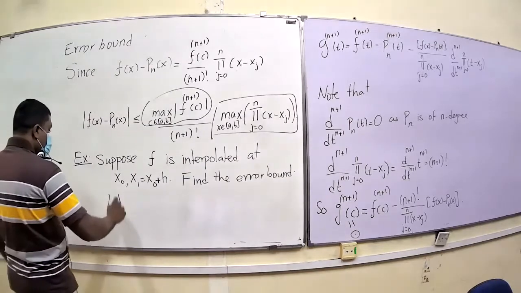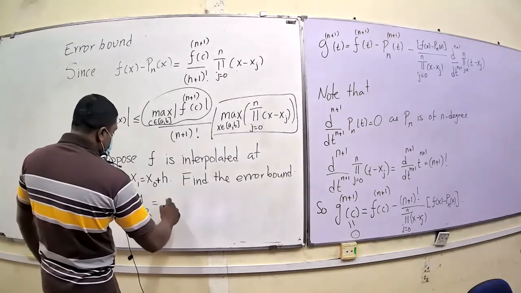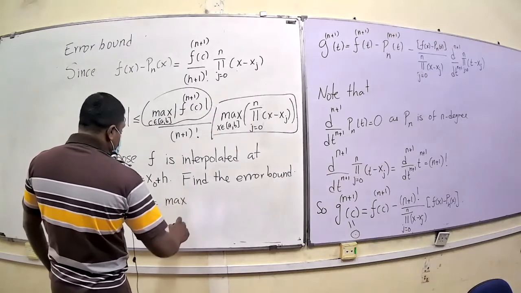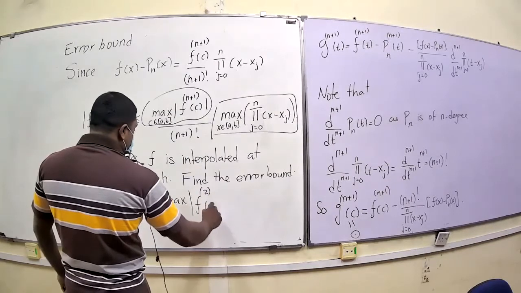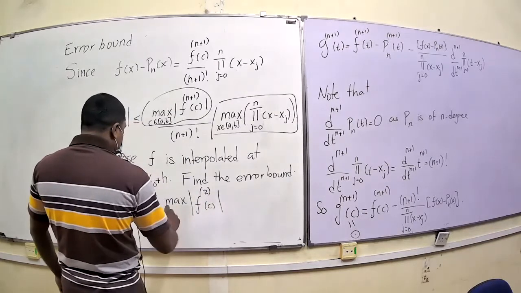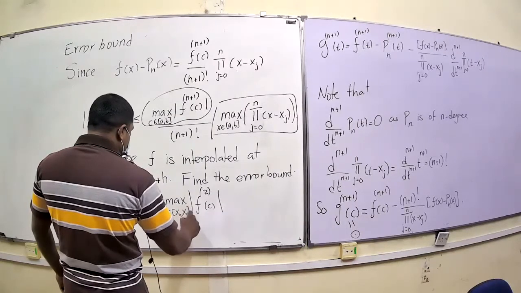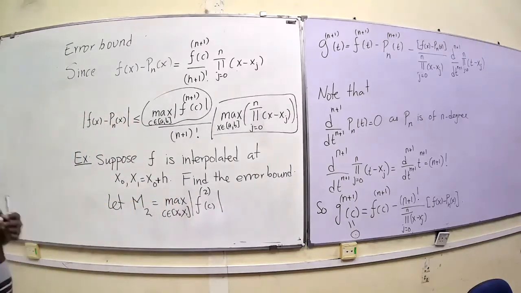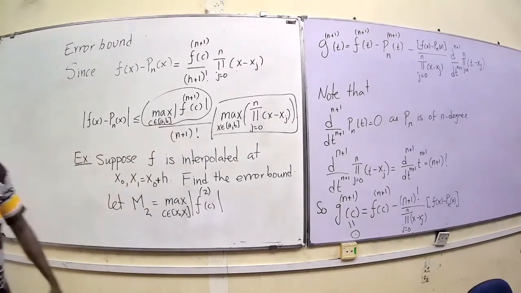So we let, because you don't know what f is, you cannot find this value, so you name that the maximum of f's second derivative.